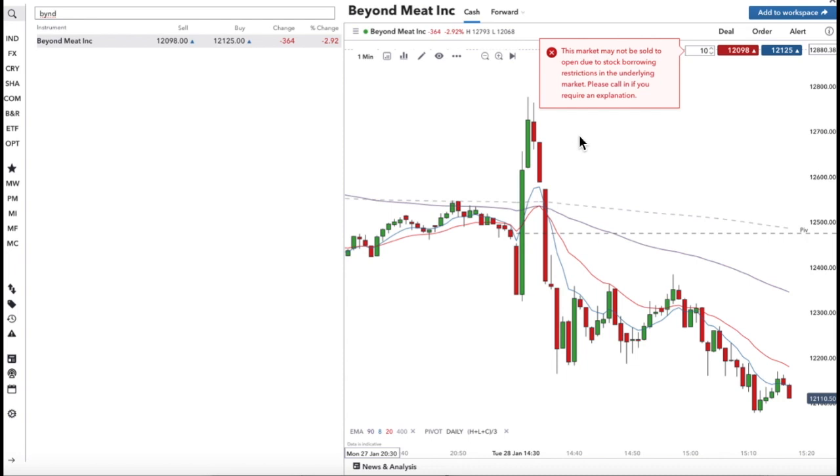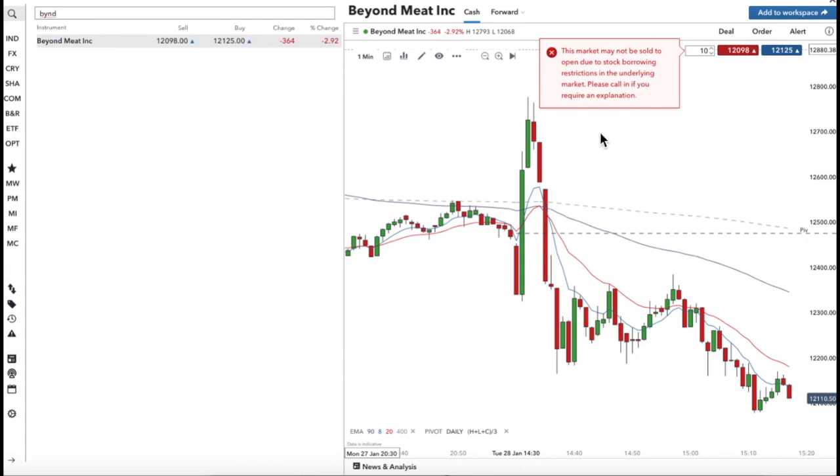So this is something that happens occasionally, not just in spread betting, in CFDs as well, and also in markets for real. I mean, basically shorting markets means that there has to be borrowing taking place, and if there are borrowing restrictions and nobody is prepared to lend the money, then you can't short.